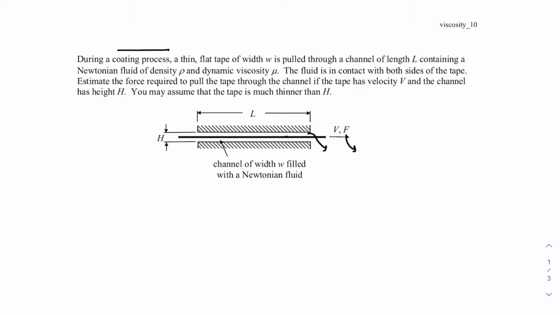Now here we are given the height of the channel, the width of the channel, the velocity at which we are pulling the wire, and we want to calculate F. So the assumption used here is that the tape is much thinner than H.